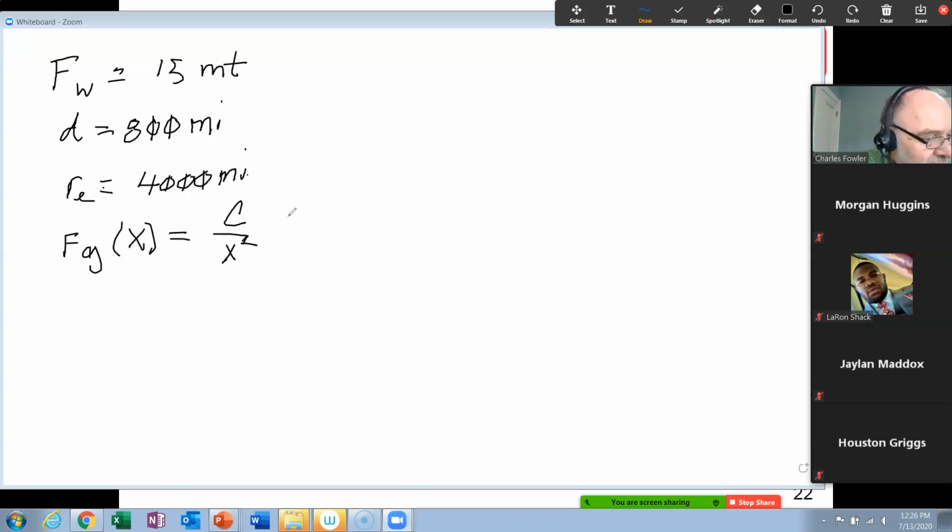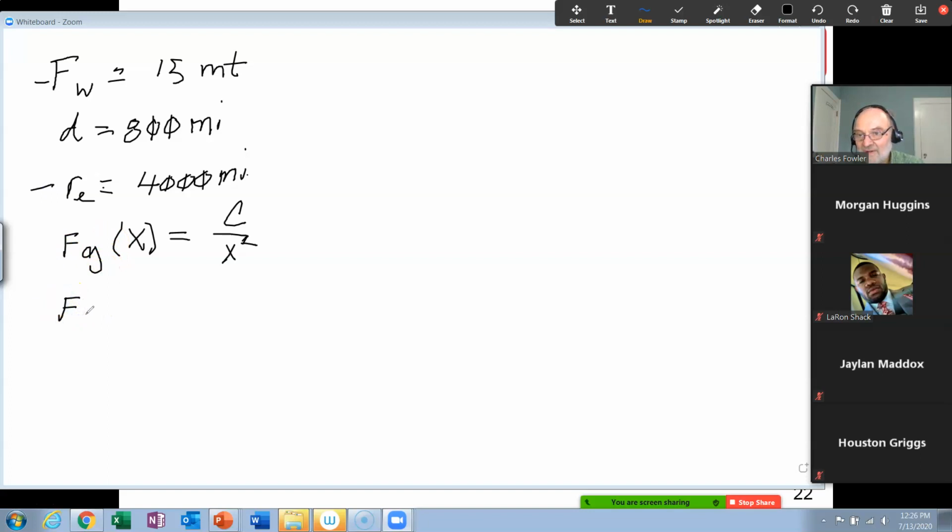Now, because the module weighs 15 metric tons on the surface of the Earth, and the radius of the Earth is approximately 4,000 miles, plugging in this information, this is the weight on the surface, this is the radius on the surface.